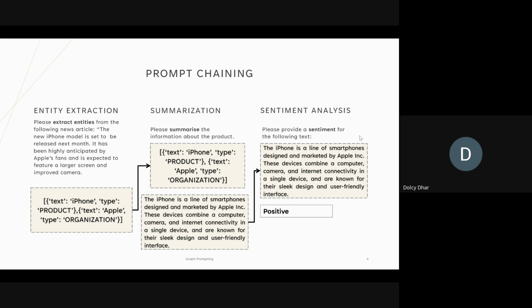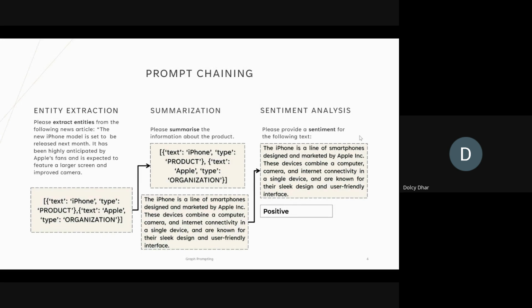So basically, you have multiple phases, and you chain them kind of like in a row. If you see the slide over here, you will see that this is like a pipeline where first you extract entities. This is an example pipeline of how you can leverage a type of prompt chaining where the first prompt was specifically designed for entity extraction.